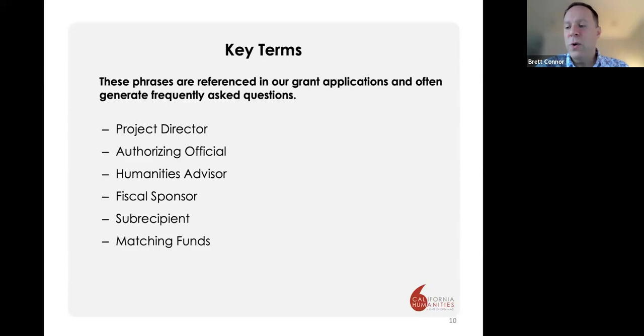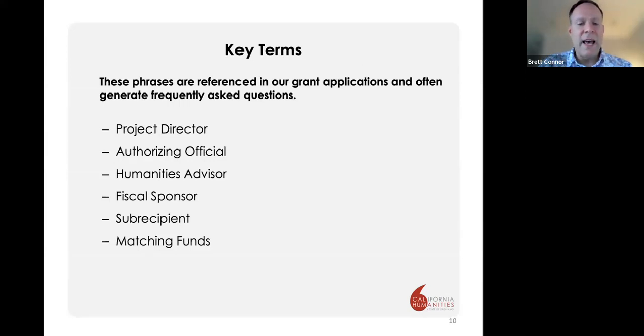So if you are an individual who wants to put on a humanities project and submit a proposal, you will need a fiscal sponsor to do that. If you do use a fiscal sponsor, then you are the subrecipient. So if we grant your project and you're using a fiscal sponsor, your fiscal sponsor technically receives the grant funds. You are then the subrecipient.